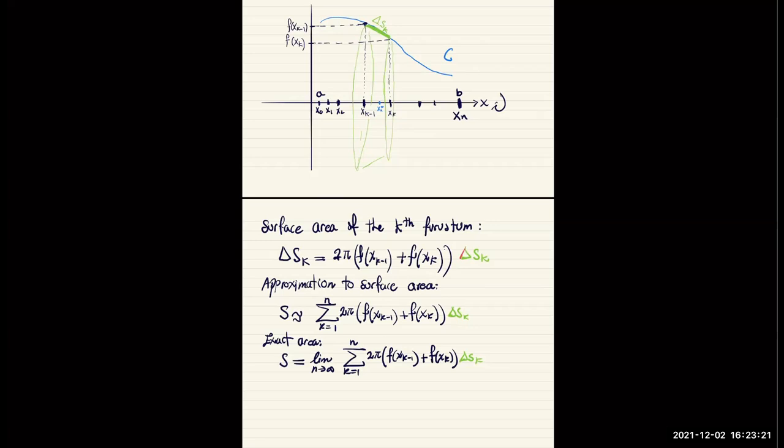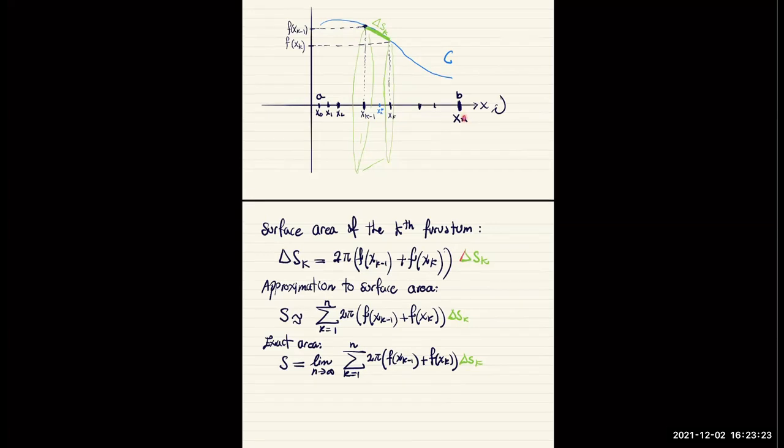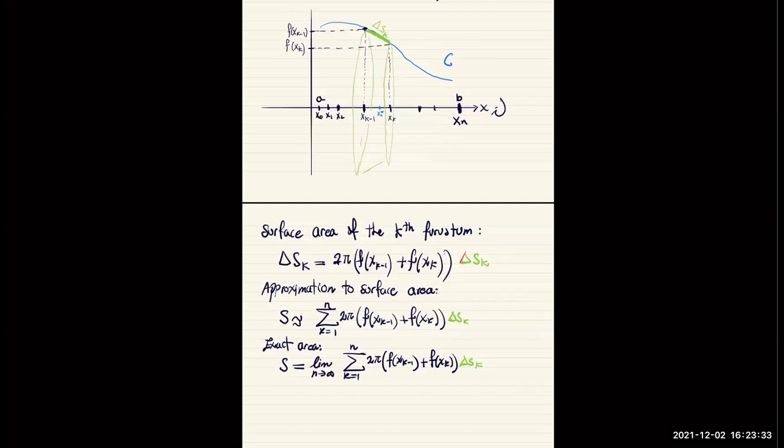Here you could have, let's say, 10 of these or any number. But the more and more of these subintervals you have, the width of each subinterval is going to get small. See what I mean?